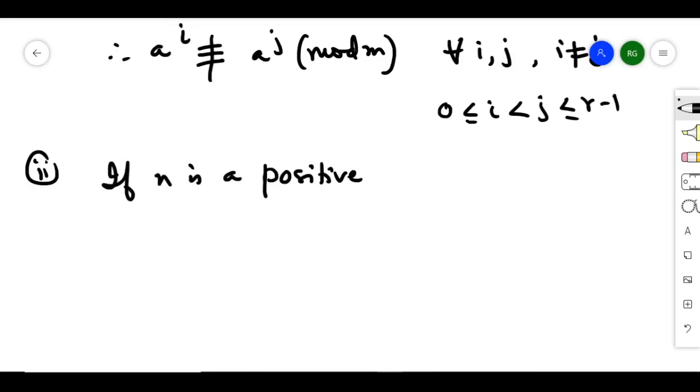Then the second one: suppose n is a positive integer. As r is the least positive integer satisfying that congruence, r is positive.